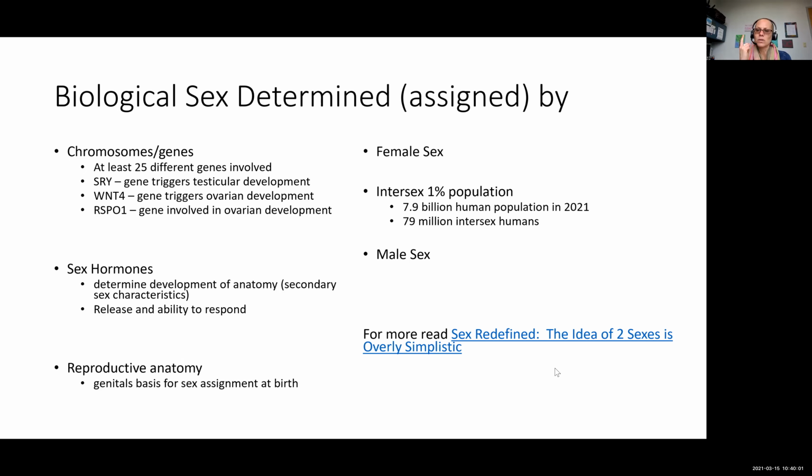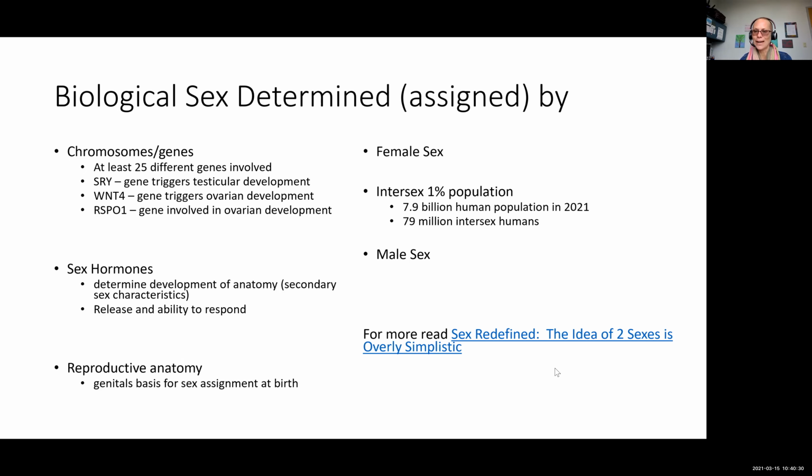Remember, because we're looking at the combination of chromosome and gene production, the sex hormone productions and the receptors that go along with it, as well as both internal and external reproductive anatomy. And even though this is a pretty rare condition for humans, we do see that about 1% of the human population is intersex.